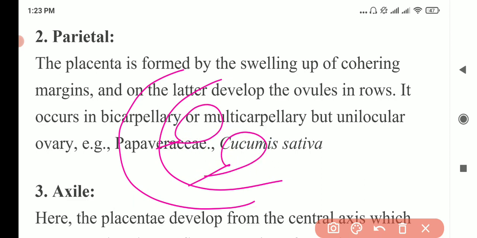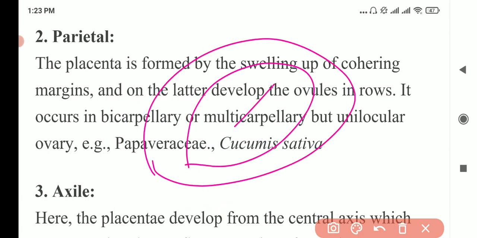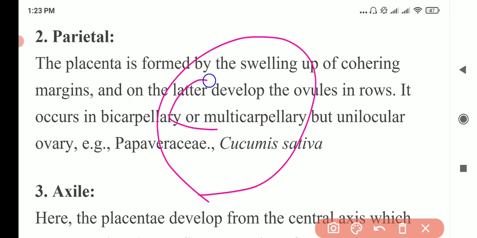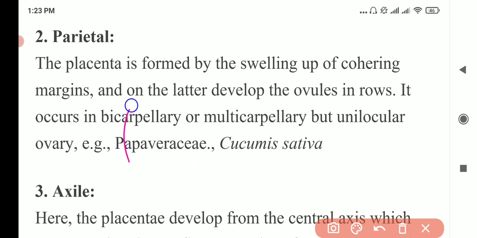They can develop in unicarpellary or monocarpellary ovaries like a papaya. Papaya has only one chamber, no? Or in multicarpellary ovaries like your cucumber. Cucumber, remember, sometimes you have 3, sometimes 4 chambers, right? And the ovules develop along the wall. From the wall they hang like this.